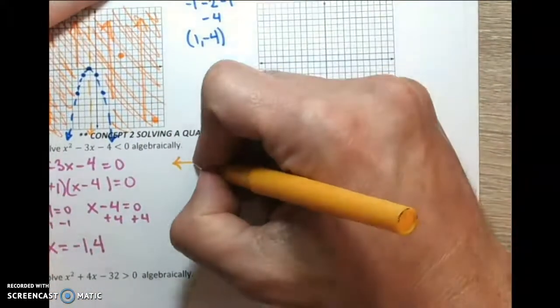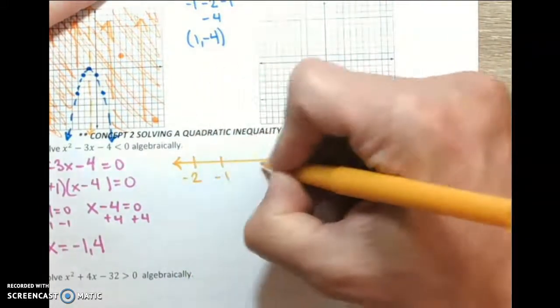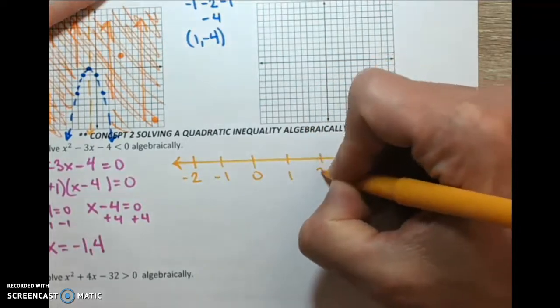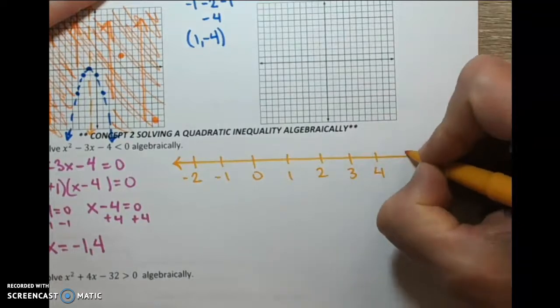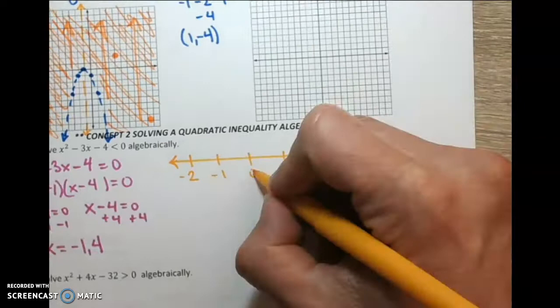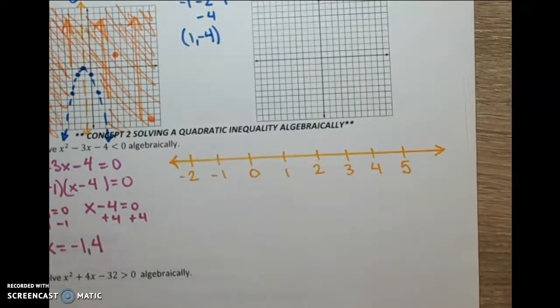All right, and I'm going to start on this side. I'm going to make it -2, -1, 0, 1, 2, 3, 4, and 5. Okay, standard number line. Values less than -1 and greater than 4.